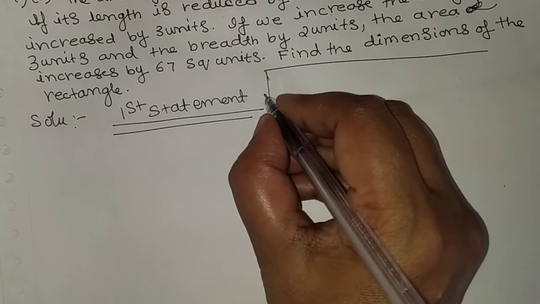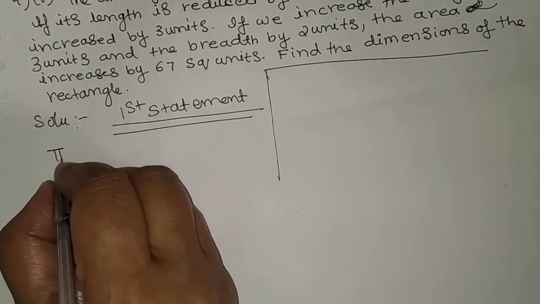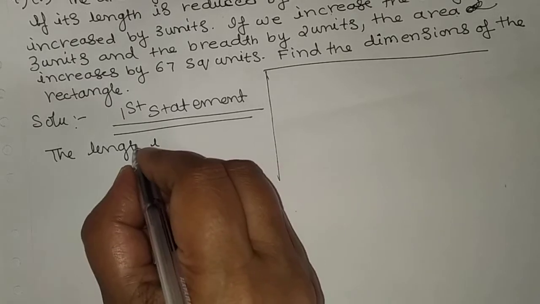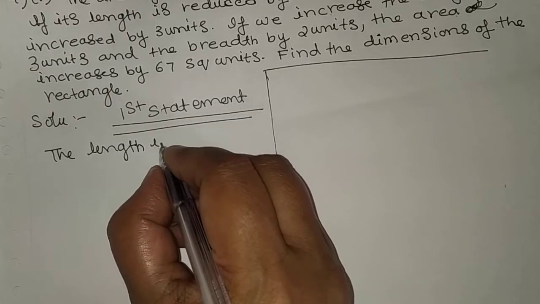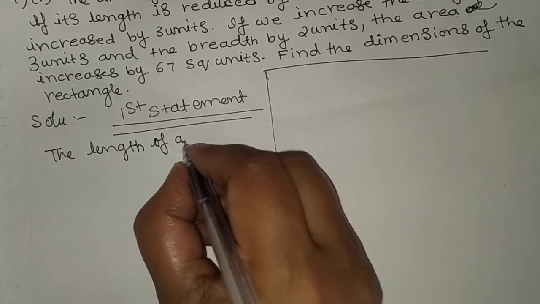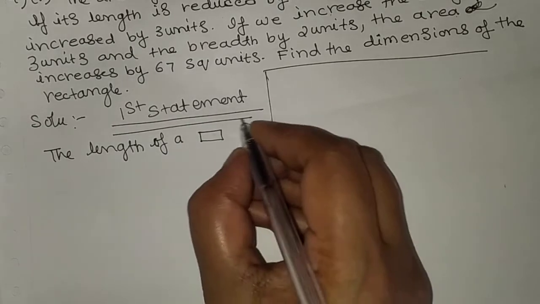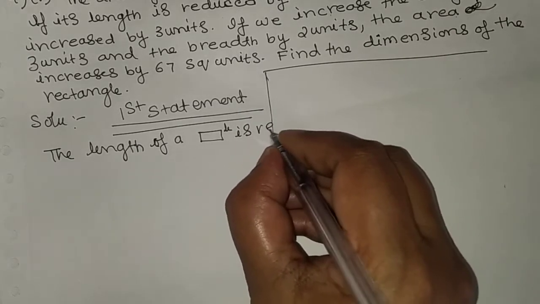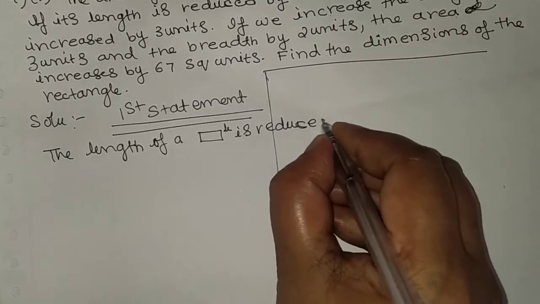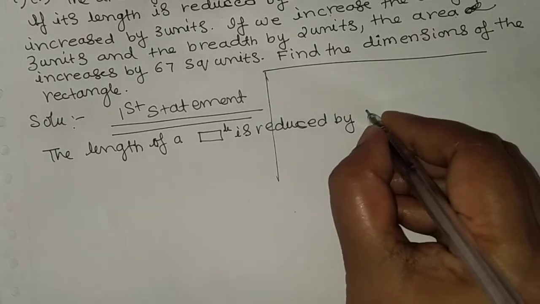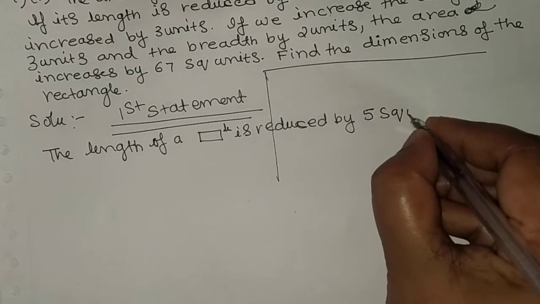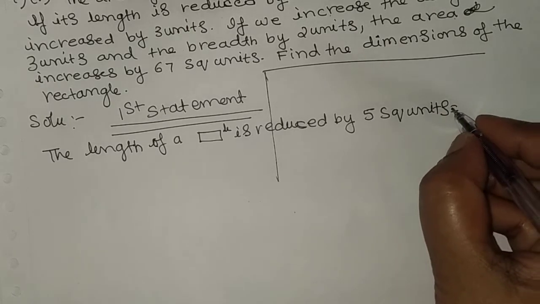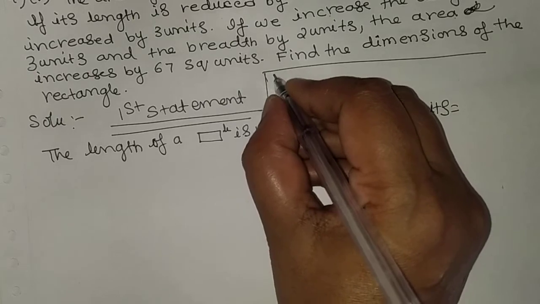The length of a rectangle is reduced in the first condition by 5 units.